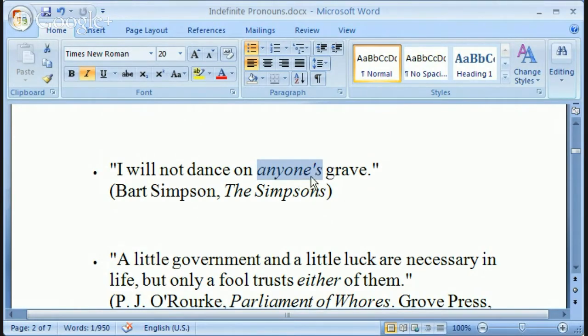Anyone's has the hyphen and the S. Here we see an indefinite pronoun actually used as a possessive, right? All right, so indefinite pronouns can do the same thing that regular pronouns do. They can be the subject, they can be the object, or they can actually function as a possessive pronoun.